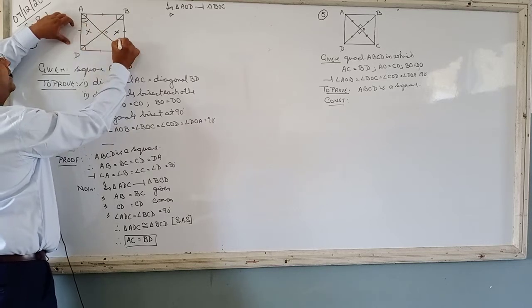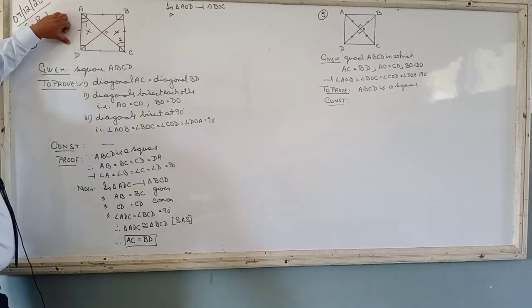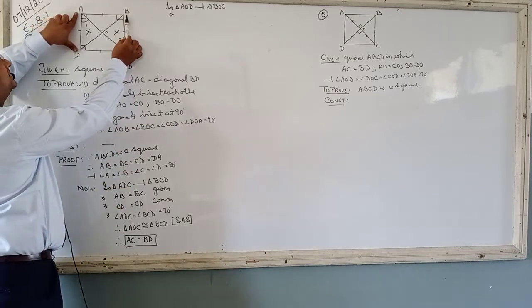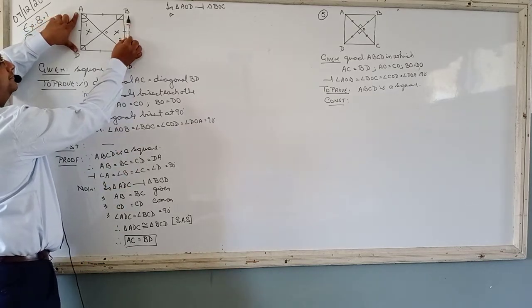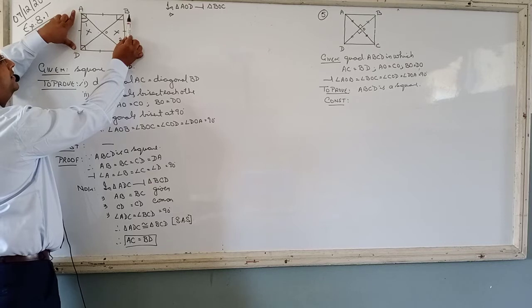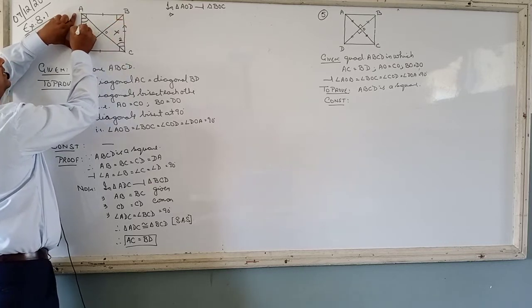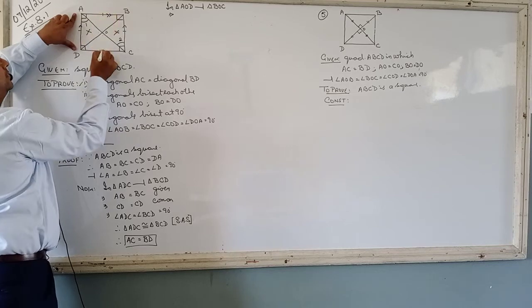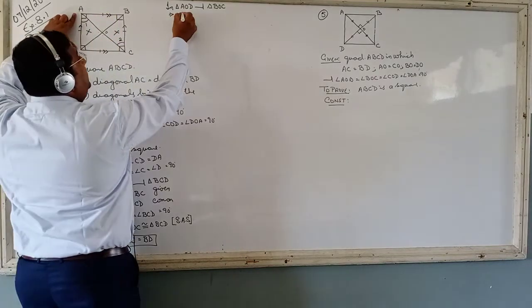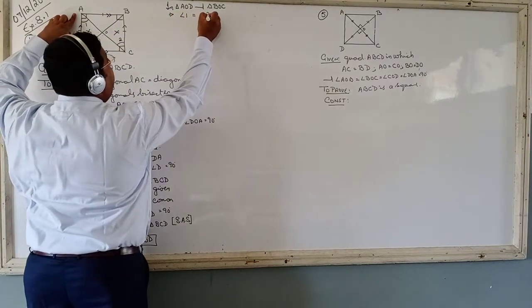Angle number 1, angle number 2. Reason? Alternate interior angles. Why? Is AD parallel to BC? In a square, the opposite sides are also parallel to each other. So angle number 1 equals angle number 2.